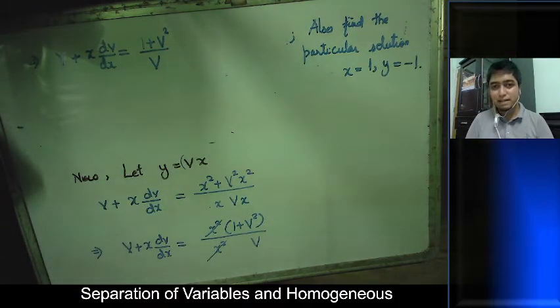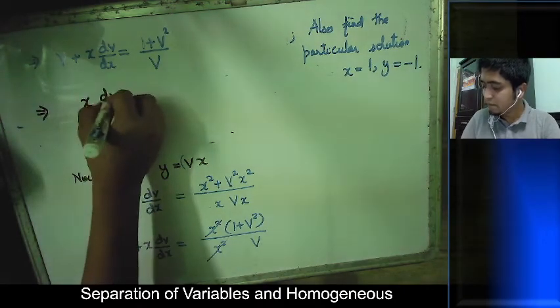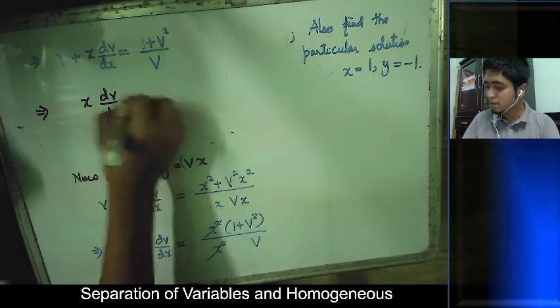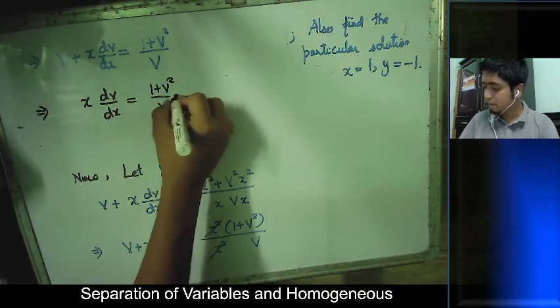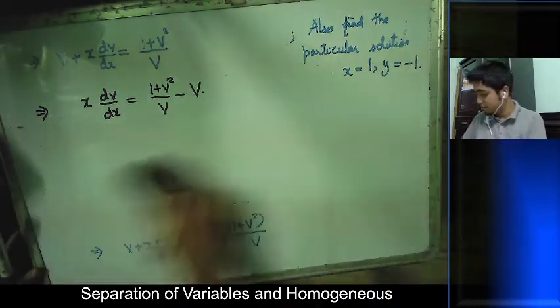Now we need to separate the variables. We had done the substitution, now we need to separate the variables. So keep v first on this side, minus v.